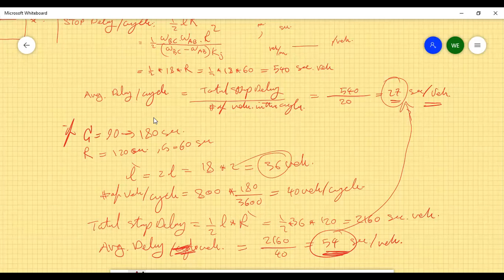Understood? That's why we recommend not to use longer cycle lengths. Most of our problems here in Dammam and in the Eastern Province are basically in the long cycle length. So you see, under the same conditions we could achieve half the delay if we use shorter cycle lengths. Understood, guys? Any questions so far?